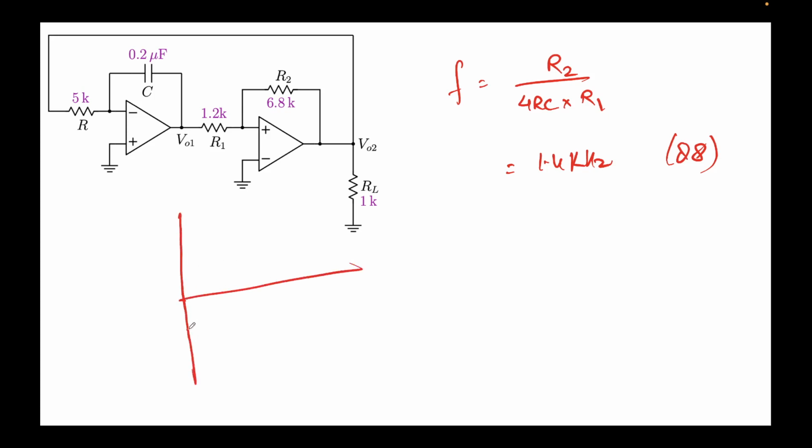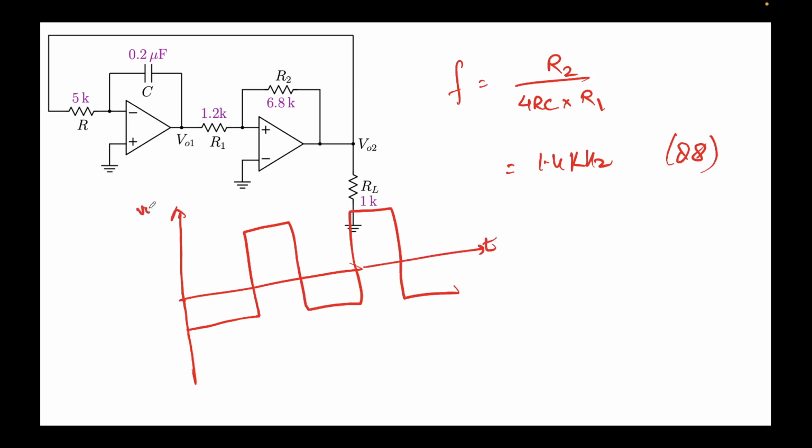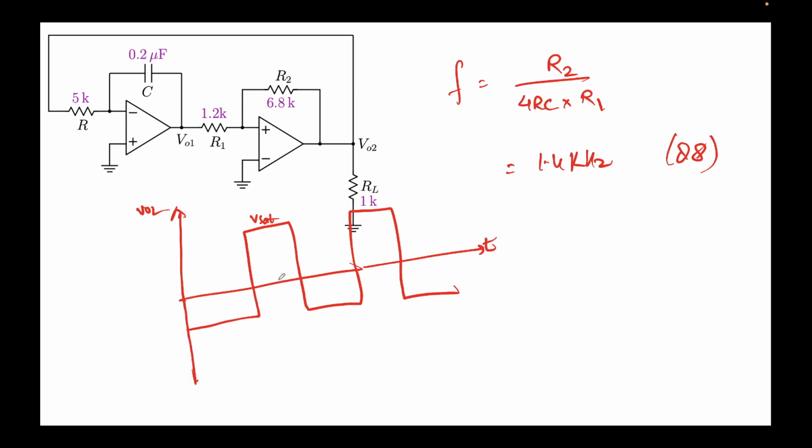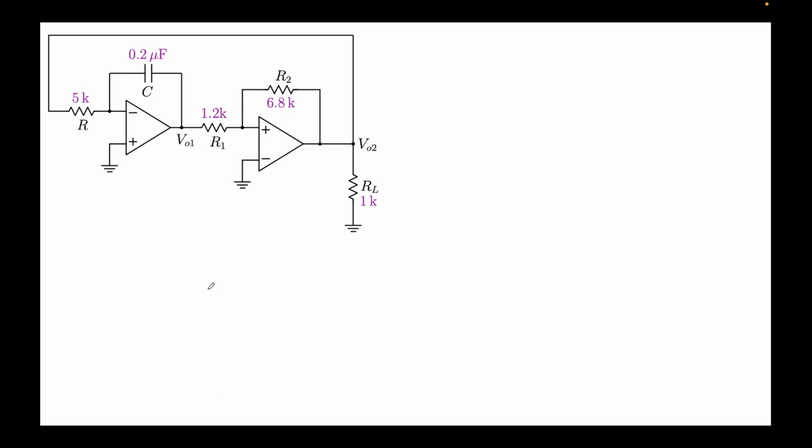So this was V02, sorry. This is V02, this time V02, and this is your VSAT. Okay, now let's draw our second waveform here, which I draw in purple color.